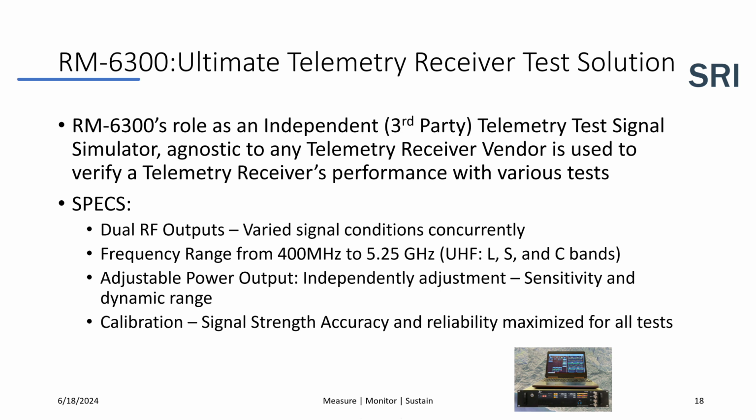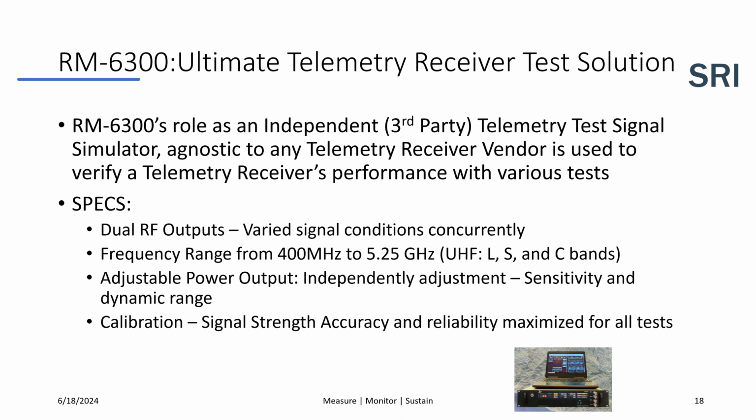RM6300's role as a third-party independent telemetry test signal simulator is agnostic to any telemetry receiver vendor and is used for receiver performance testing, with various tests referenced in the RCC Telemetry Systems RF Handbook and IRIG 118.